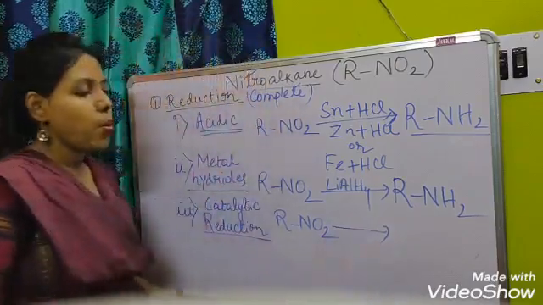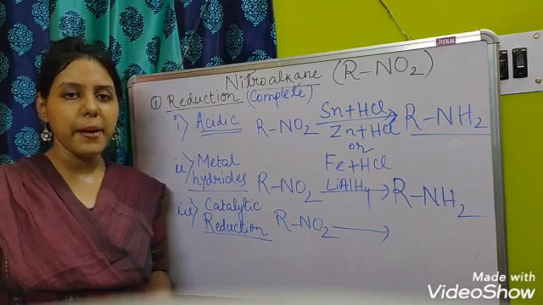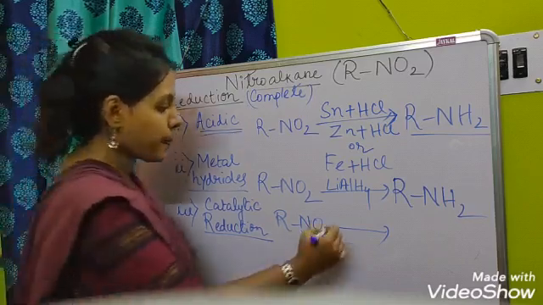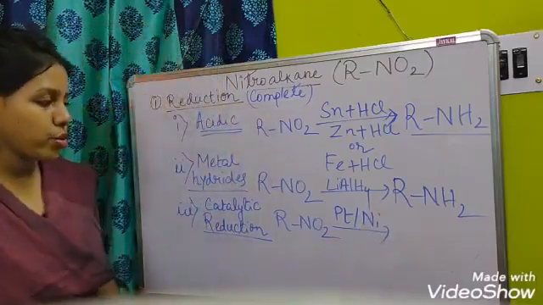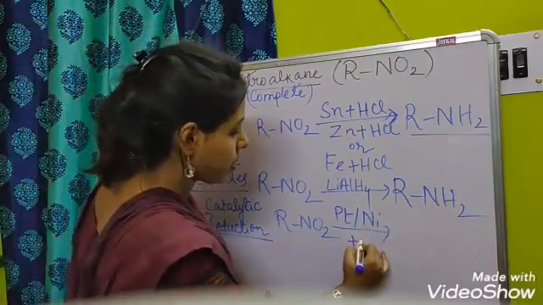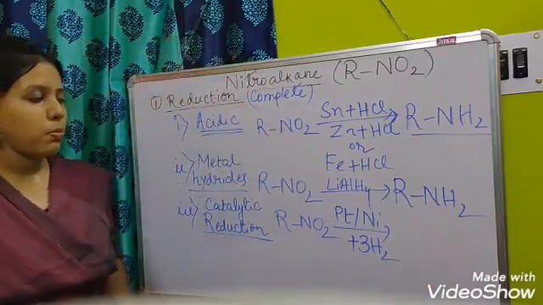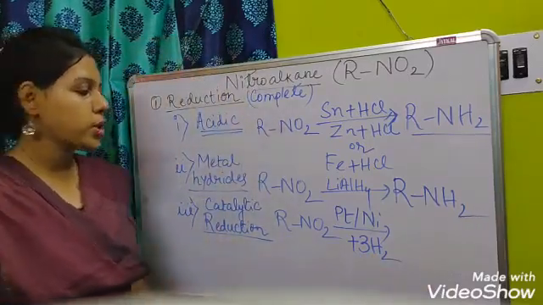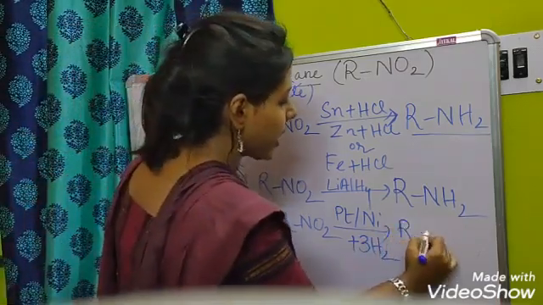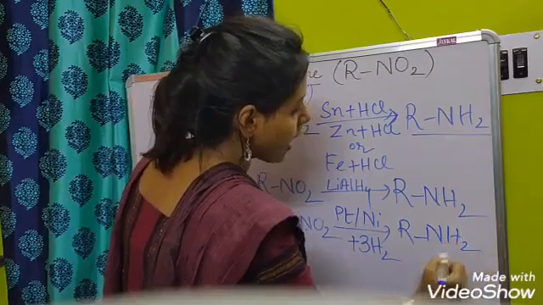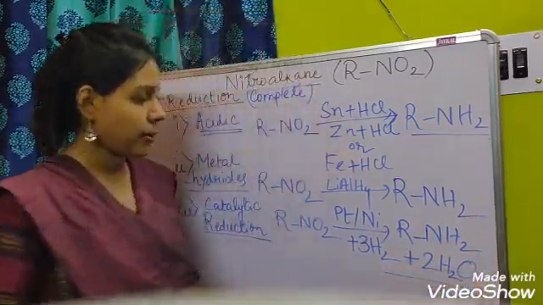Then you have to add any type of catalyst here, like platinum, nickel, palladium, this type of catalyst. And you have to add here 3H2, 3 hydrogen molecules. So there will again be complete reduction and you can get RNH2 along with 2 molecules of water.